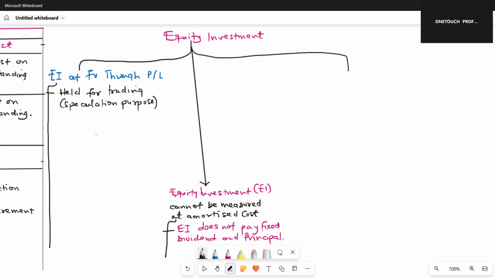If your intention is to buy the asset and trade in it, then it can only be at fair value through P&L. You can't have an option to take it anywhere else. Did you get it?